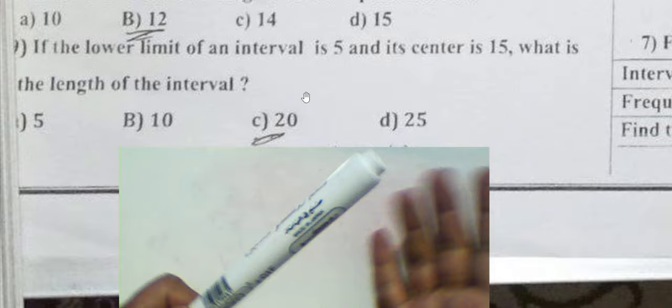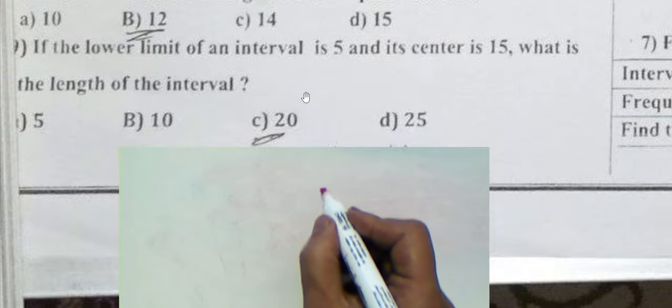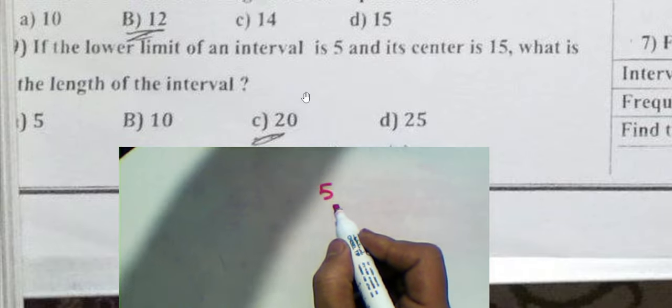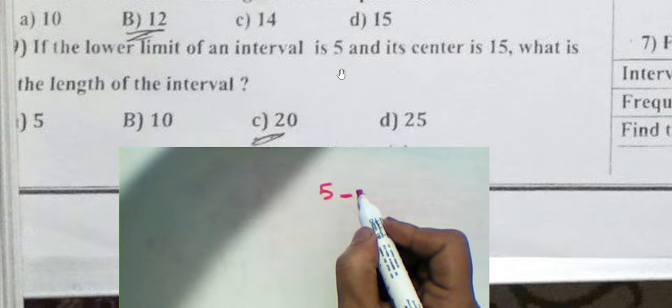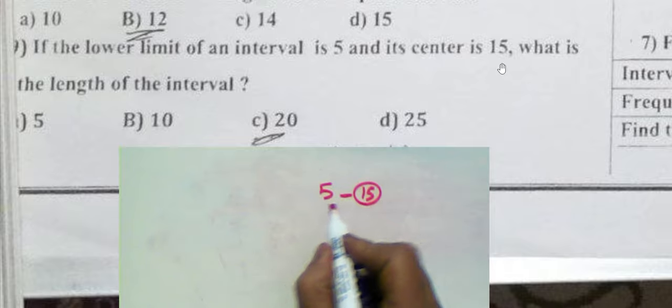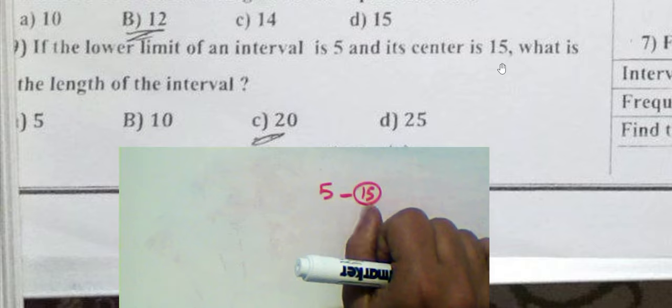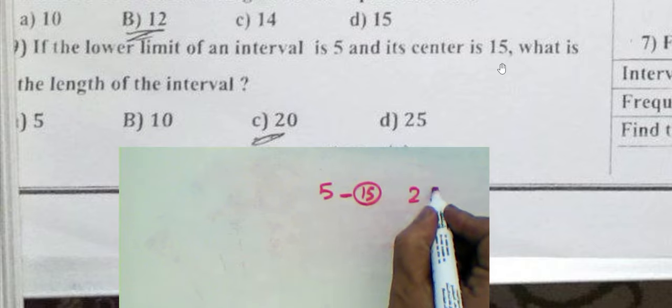They give me the lower limit, 5, and the center, 15. 15 lies between what? We can write 5 plus what, divided by 2, equals 15. We know 30. So you must write this interval from 5 to 25.